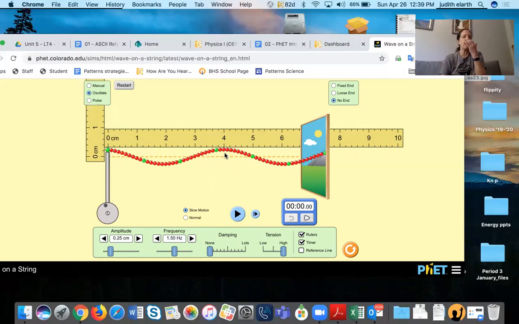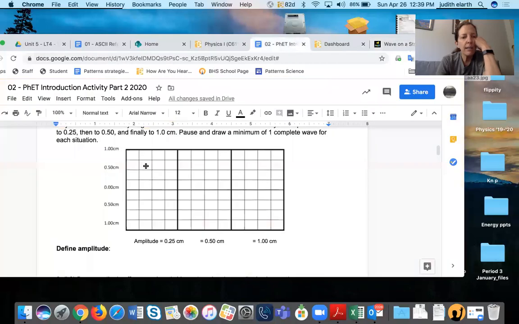Okay, so it works the same. All right. So I just let that run, and this one says, now draw me one complete wave for each situation. So I am going to draw like this is the beginning and this is the ending.